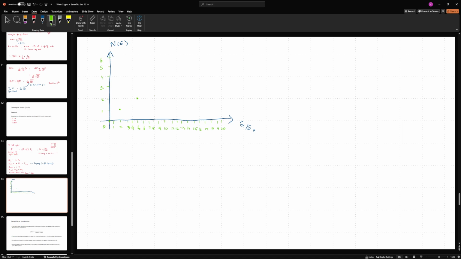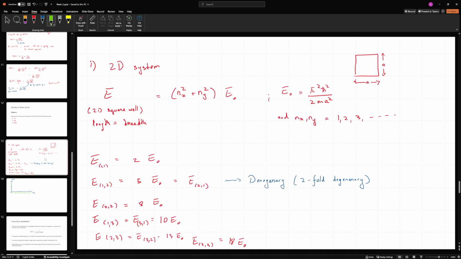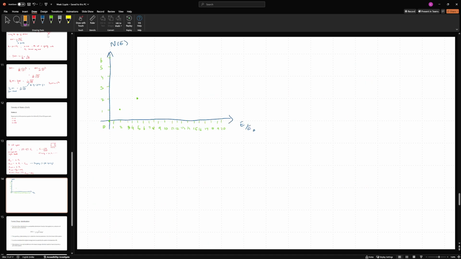So at 5 E naught, I have two states. So it is no longer at 2. At 5 E naught, it jumps to 3. Then at 8 E naught, we have one more energy state. So we are at 4.